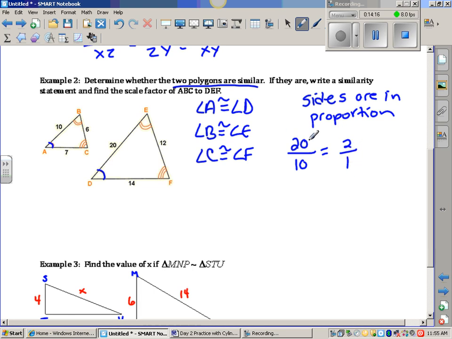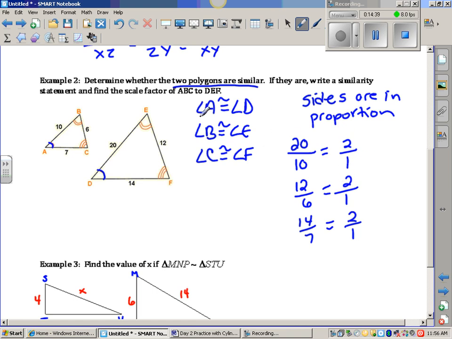Now, I have my triangle DEF up in the numerator, so I need to keep with the same pattern. If I want to go to the next side, I've got 12 over 6, which also reduces to 2 over 1. And then my last side would be 14 over 7, which is 2 over 1. Since they all have the same ratio of 2 to 1, they're all in proportion.